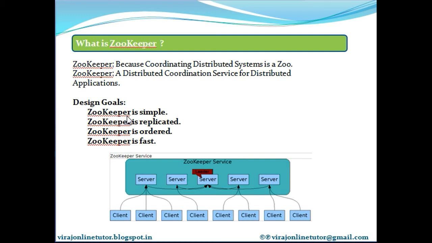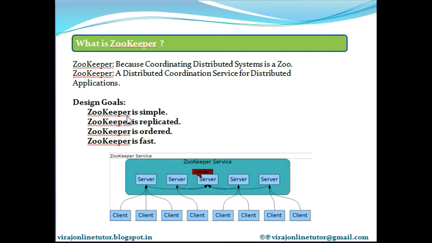The namespace consists of data registers called znodes. Each data node is a znode, and it is similar to a file or a directory in a file system.